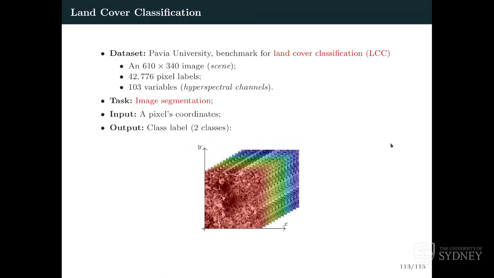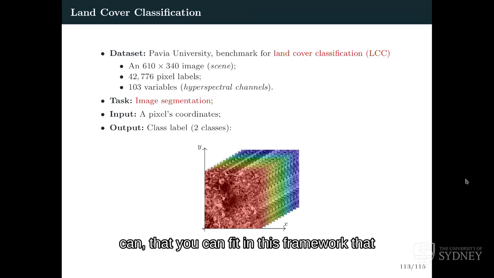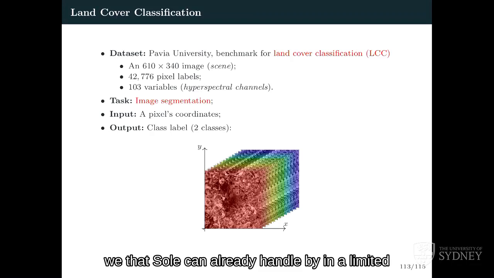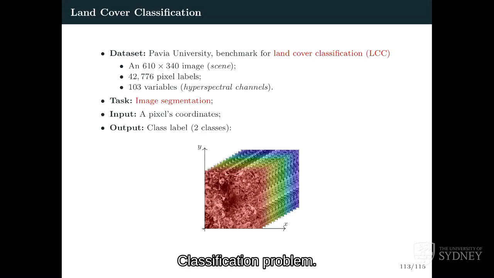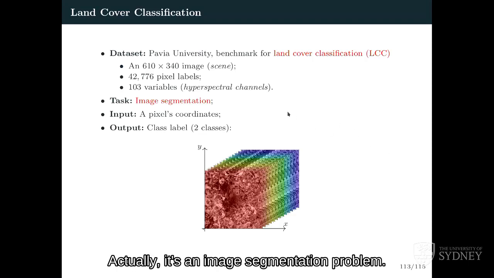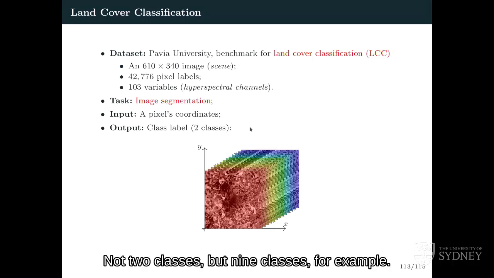Okay, so this is for COVID. As an example of other kinds of data that you can fit in this framework that Solid can already handle, albeit in a limited way, we can consider an image classification problem. Actually, it's an image segmentation problem where we have satellite, actually aerial data, and we want to classify each pixel in the data as belonging to, actually this is wrong, not 2 classes but 9 classes.